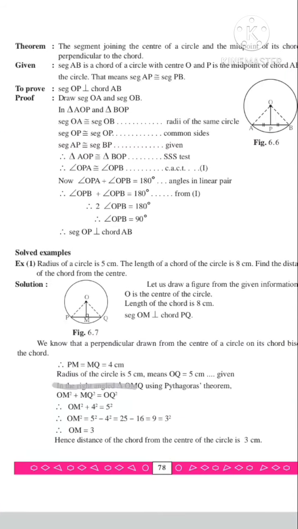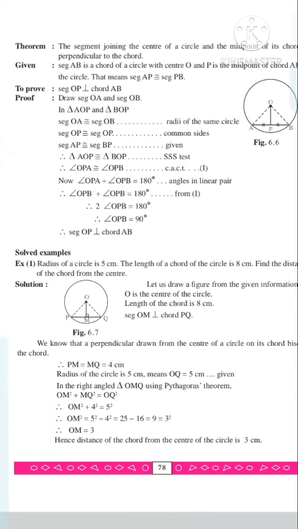Now radius of the circle is given 5 cm, so OP and OQ both are 5 cm. So I will use triangle OMQ. Here we will apply Pythagoras theorem. OM square plus MQ square is equal to OQ square. Now substituting the values, OM square plus 4 square is equal to 5 square.